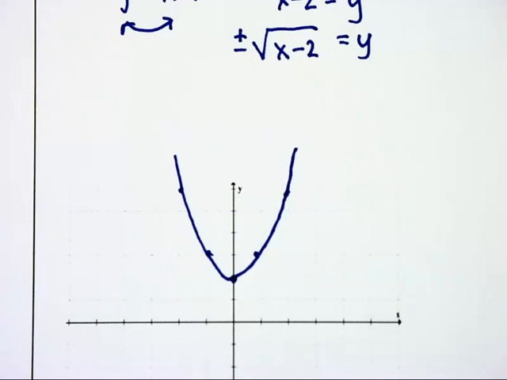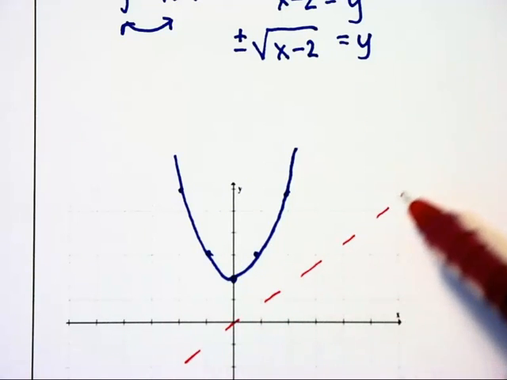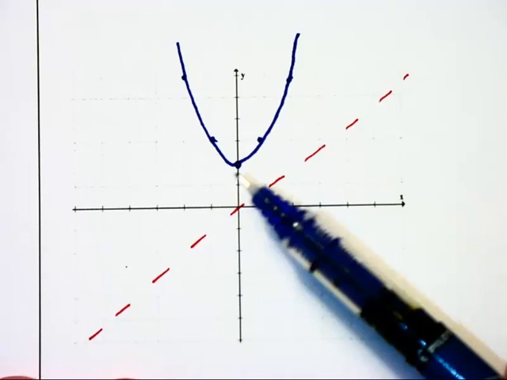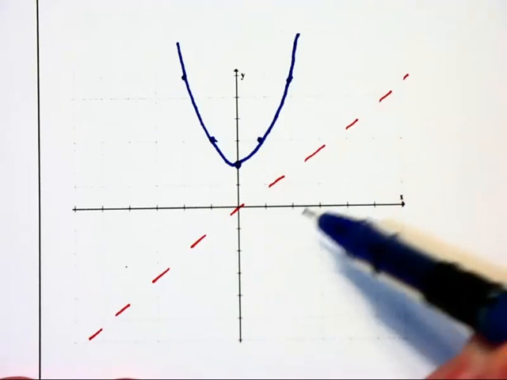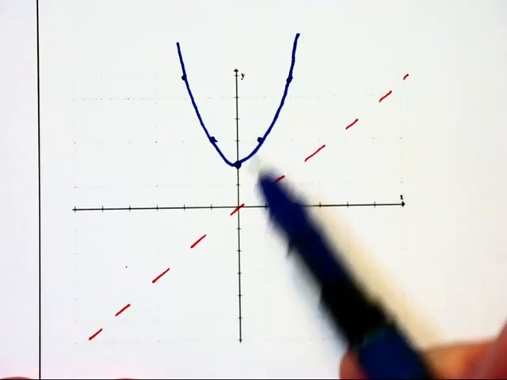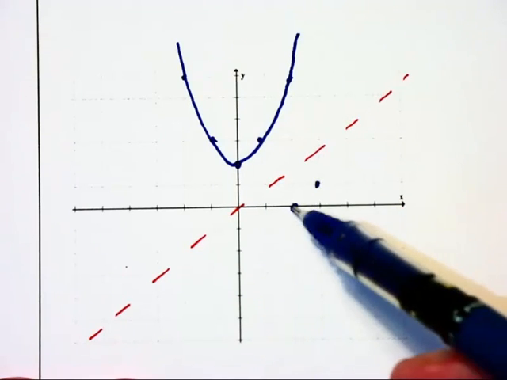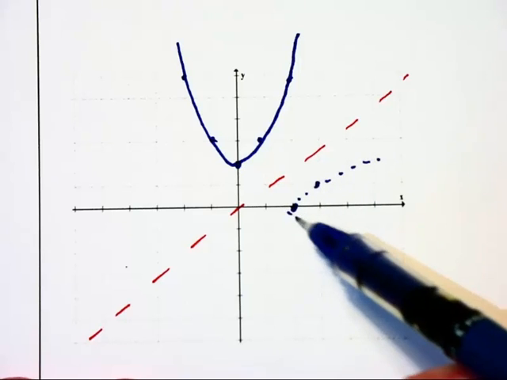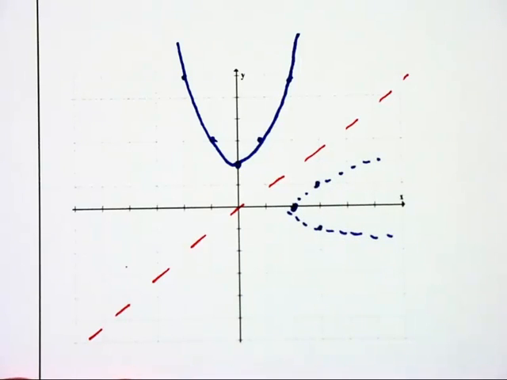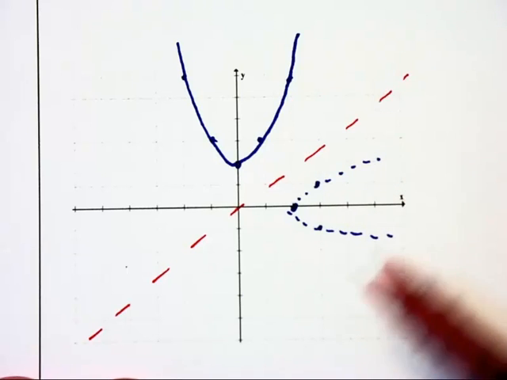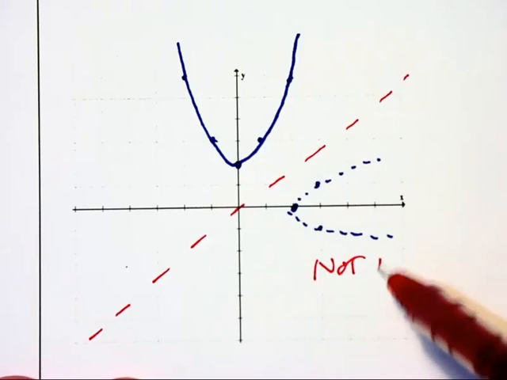Now, when I go to graph the inverse, it is going to be a reflection across this diagonal line, y equals x. And if I change this 0, 2 to 2, 0, and switch 1, 3 to 3, 1, etc., we end up getting this graph, which I'm dotting in here at the right. Notice I do have mirror images, but this is not a function.